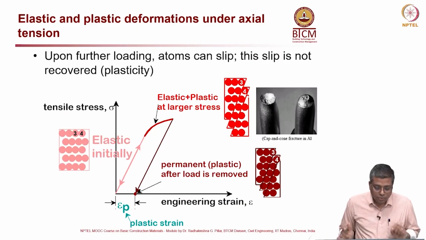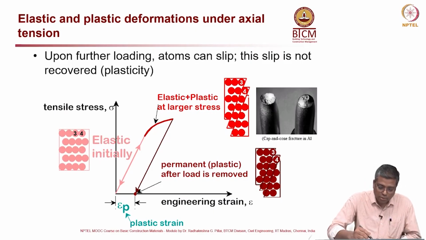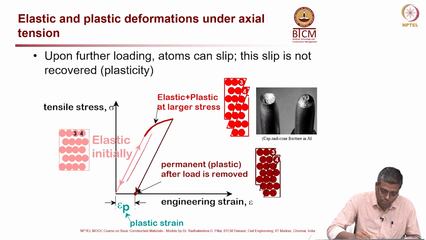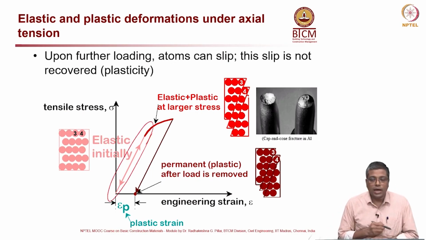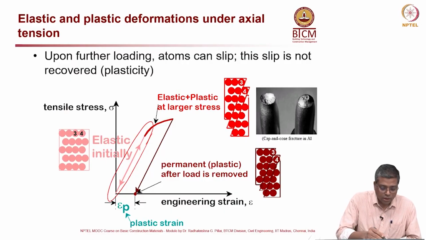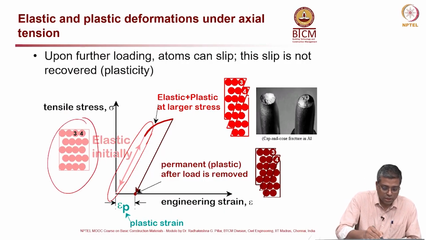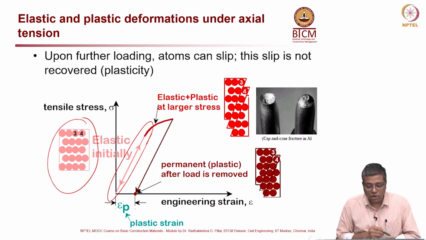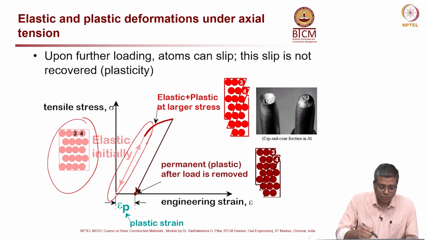Now, we will see whatever I showed in the previous slide, that is this part here, the initial elastic region, where you can see in this sketch here 3 and 4. So, you have to monitor the relative position of 3 and 4 in this whole sketch here.